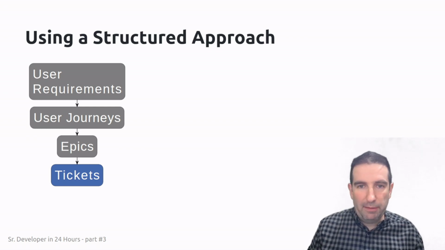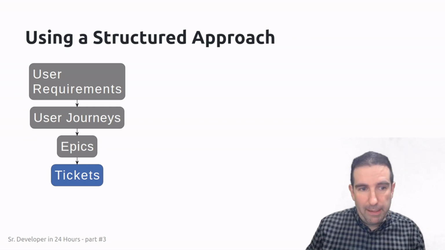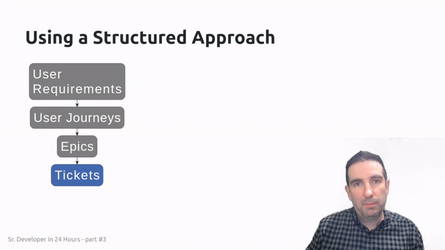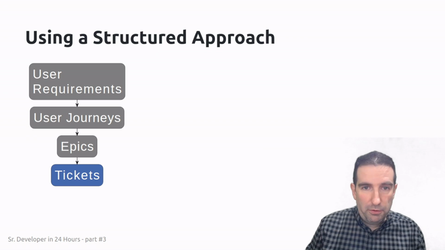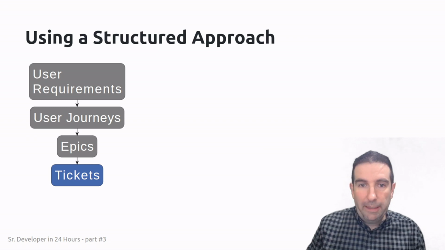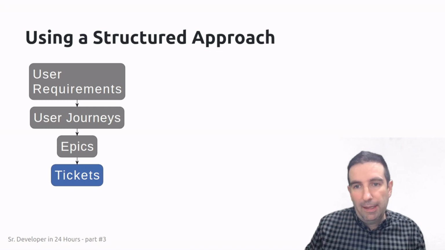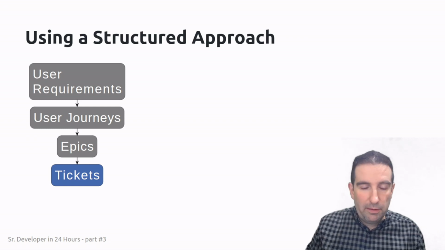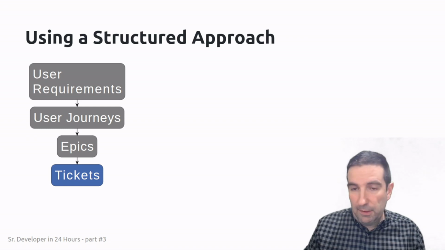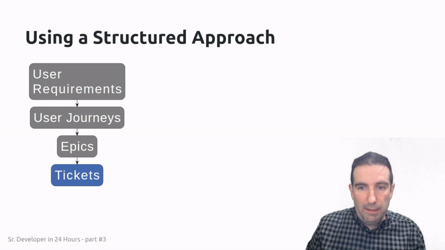This approach basically implied gathering some vague user requirements, documenting those user requirements into more structured user journeys, creating epics to represent the user journeys that we had defined, and then finally, from those epics, creating actionable tickets. And in this session, we're going to talk about that last part, creating tickets from the epics that we have defined.